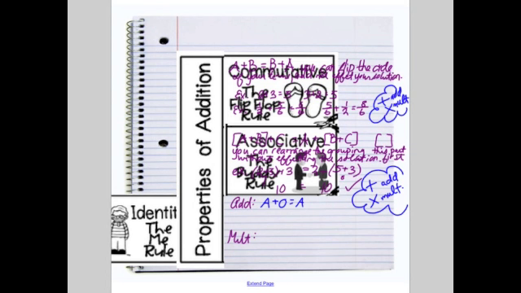So if I have any number and I add 0, I will still have the original number that I started with. An example of that could be 4 plus 0 still equals 4, or 3/5 plus 0 still equals 3/5. So both of these examples show that the identity rule allows you to add 0 and not change the value of your expression.